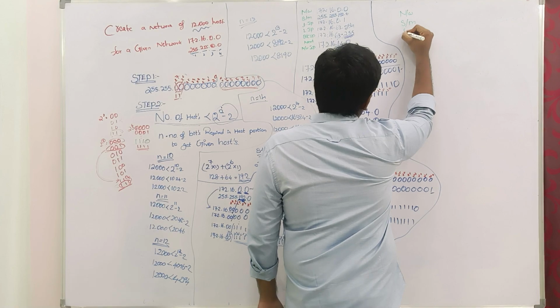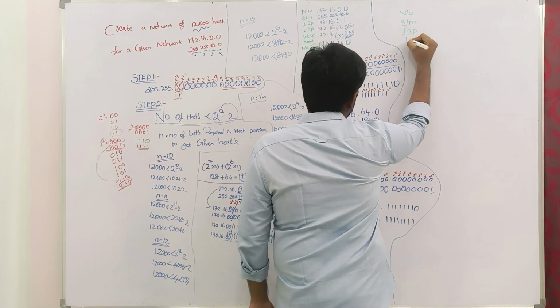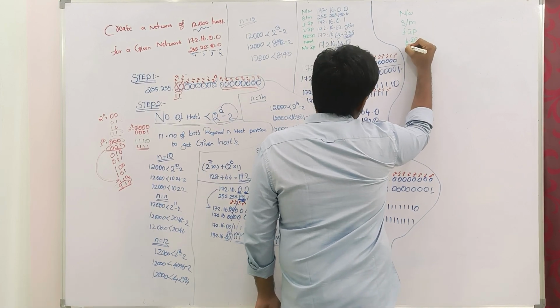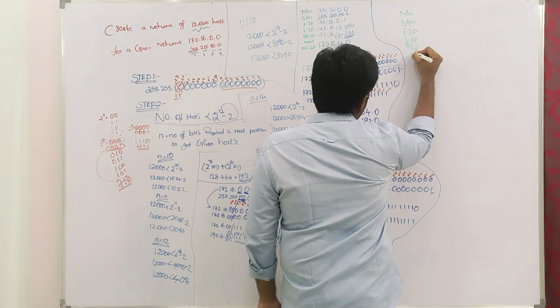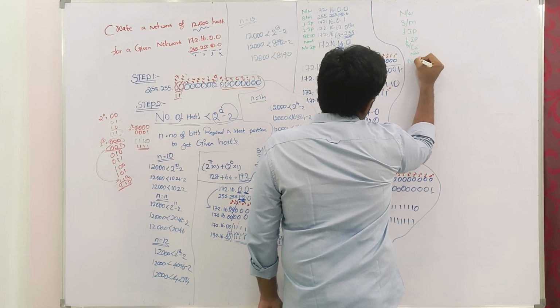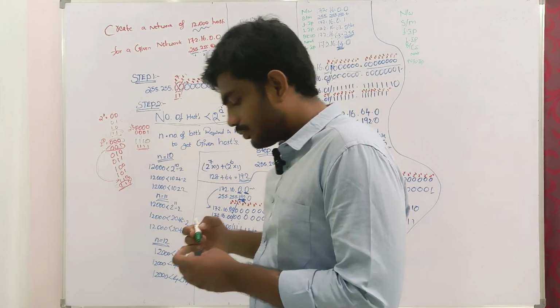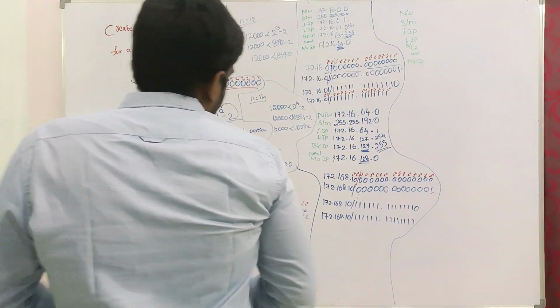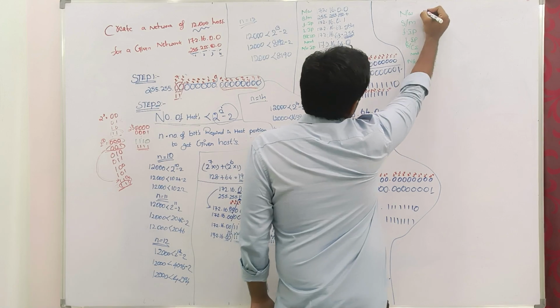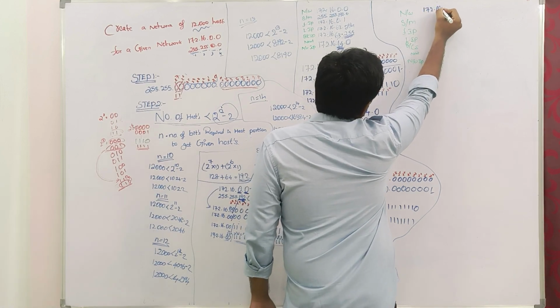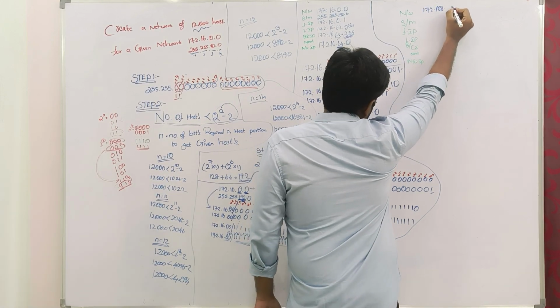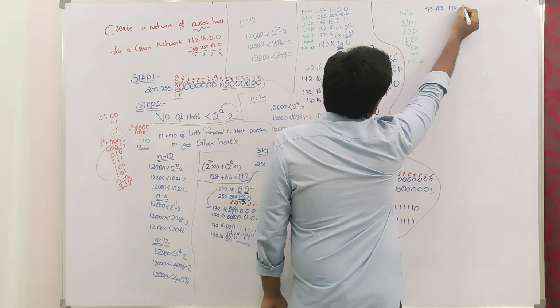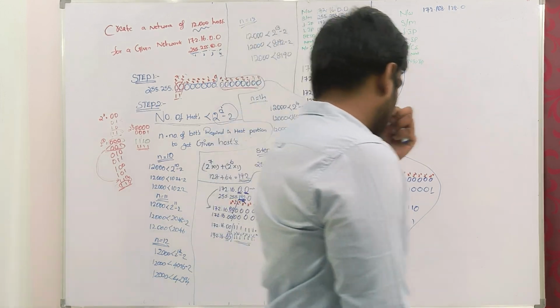So the network IP is now 172.168.128.0. What is the subnet mask?